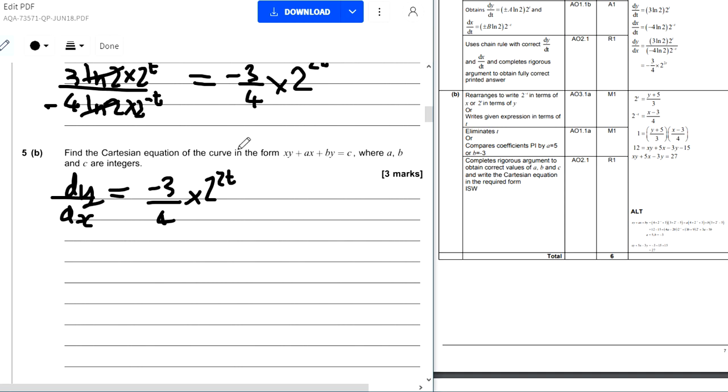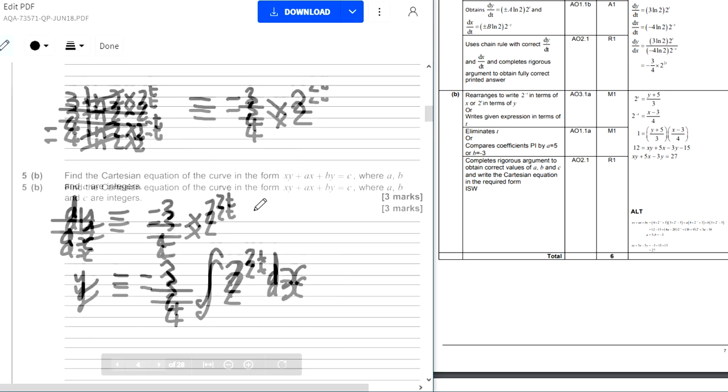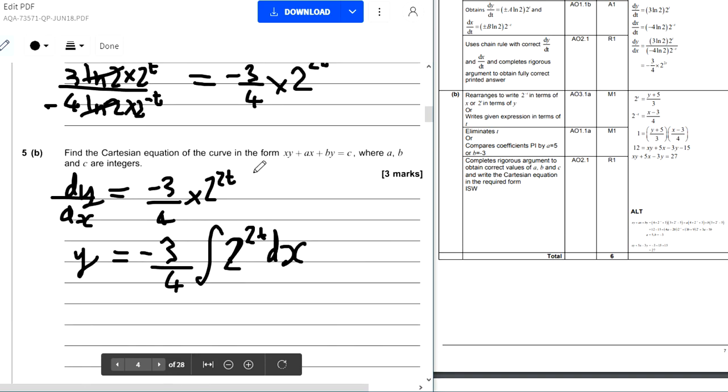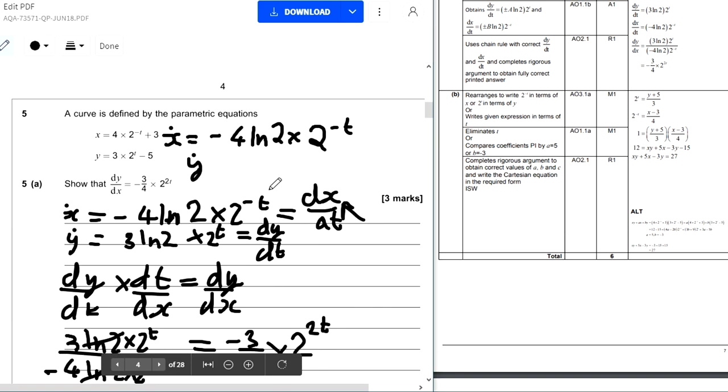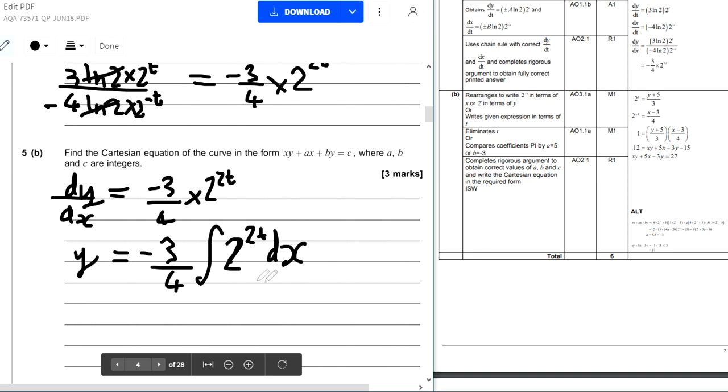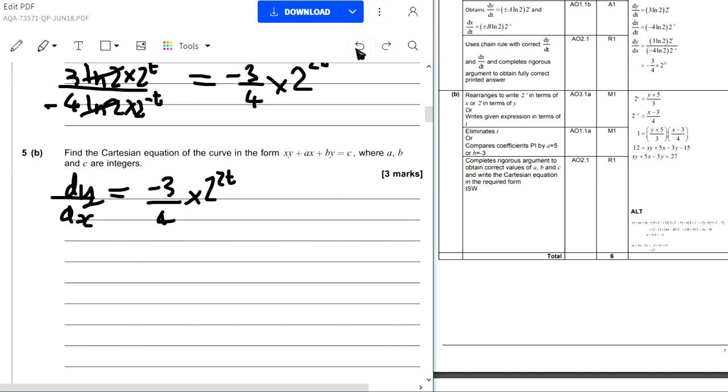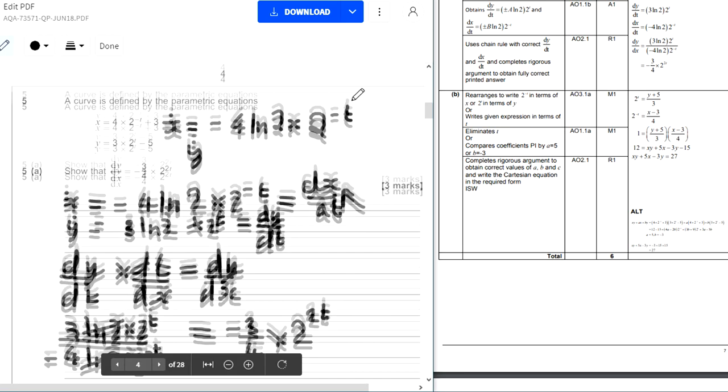That's not the actual meaning, but that's how I like to think of it. So now what you've got to do is integrate. If I were to integrate this, it is still in terms of t, and I've got no x's here, so this is not going to work. That's not how we're going to do this.